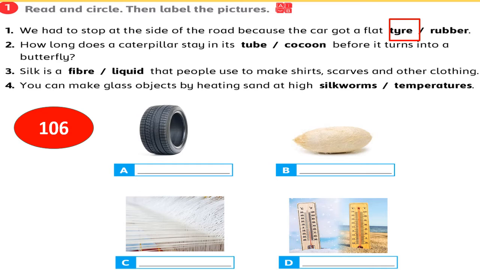How long does a caterpillar stay in its tube or cocoon before it turns into a butterfly? Cocoon. Silk is a fiber or liquid that people use to make shirts, scarves, and other clothing. Fiber. You can make glass objects by heating sand at high silkworms temperatures.